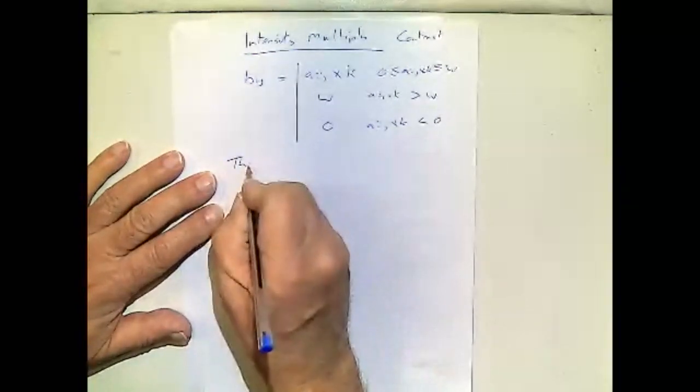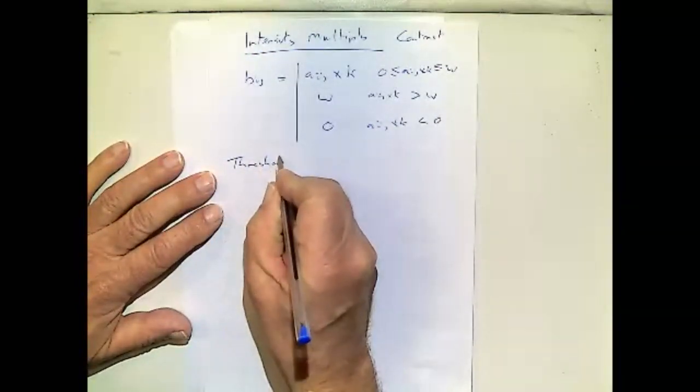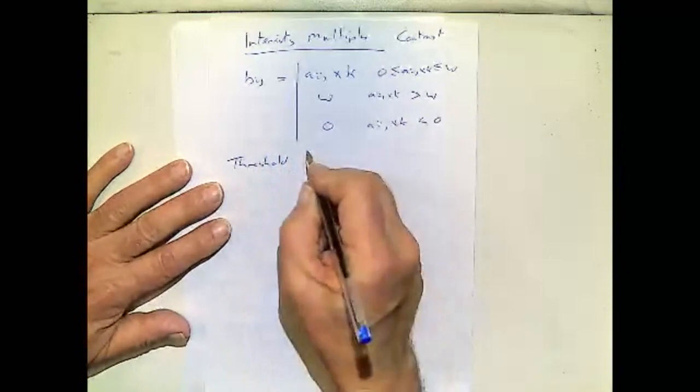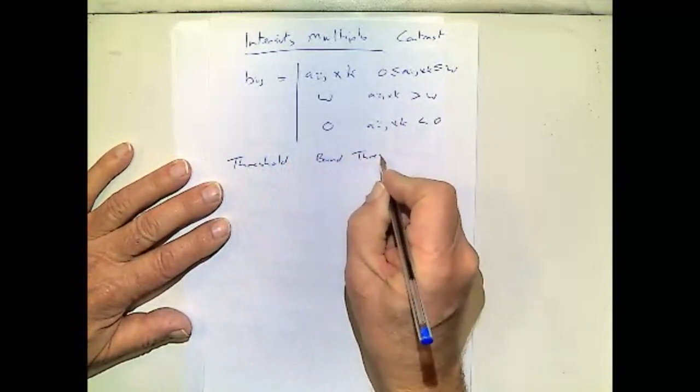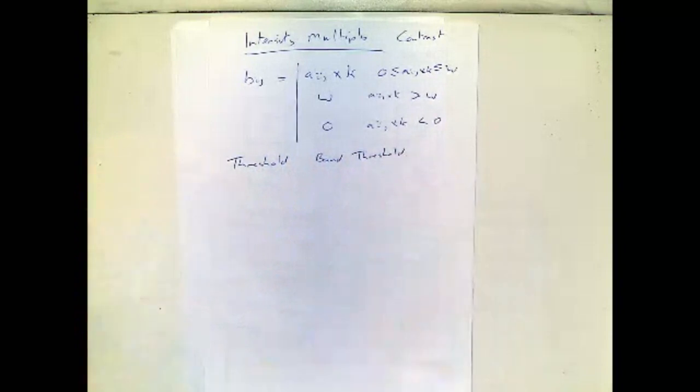Threshold. And this is a band threshold. Why do we need threshold? Well, you've seen the digital neural networks, they need binary inputs. So real world is analog. We may need to have a threshold to get the information into a binary form.